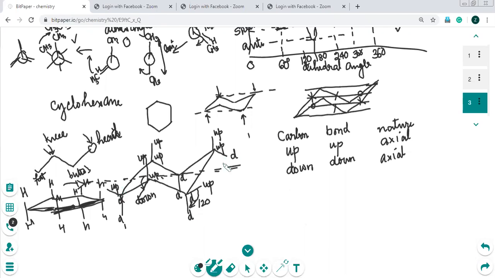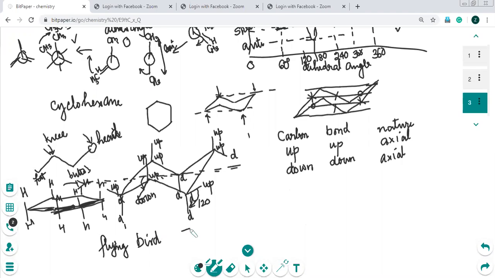So these bonds which I have just now shown are projecting along the plane of the ring, just like a flying bird. A flying bird will have its wings parallel.